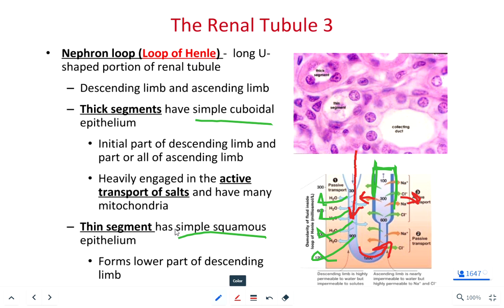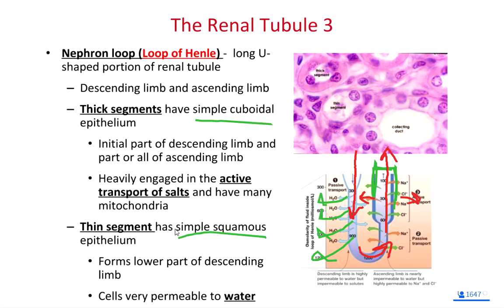And on the ascending loop, as the filtrate heads back up, it's becoming very difficult to lose water via osmosis. So instead, we shift gears, we shift purposes, and instead of removing water from the filtrate, we now start removing electrolytes from the filtrate, to reclaim electrolytes that we need depending on the particular chemistry at that moment in time.